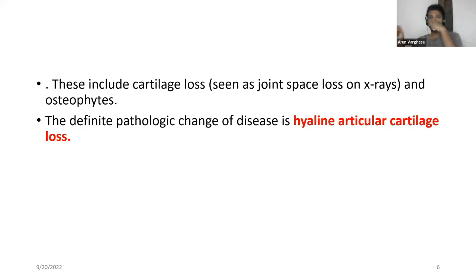Then comes our second part, osteophytes. These are excess bone growths that we can structure and put into a correct category or criteria to define them, which we'll see later. First and foremost, to diagnose OA, you should have loss of articular cartilage.